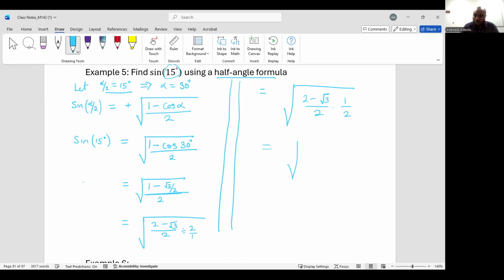And that is square root of 2 minus root 3 divided by 4. Remember, if I have square root of a over b, I can write it as square root of a divided by square root of b.